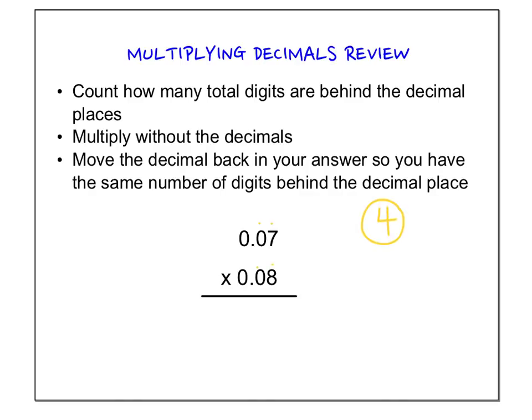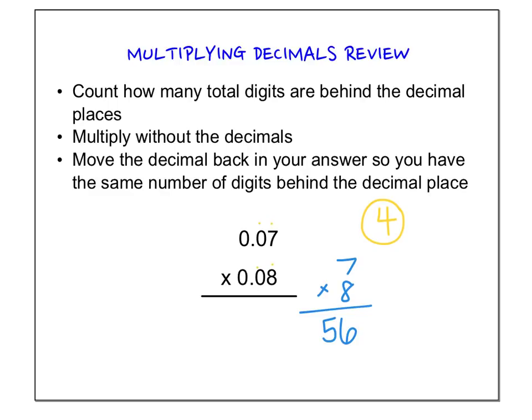When I go to multiply these, I can ignore the decimals and really just focus on those digits of 7 times 8 and multiply them as if the decimals aren't there. That gives me 56, and then this is where those 4 digits come back into play. Once you have your answer, you're going to move the decimal back so that there's still the same number of digits behind the decimal place.